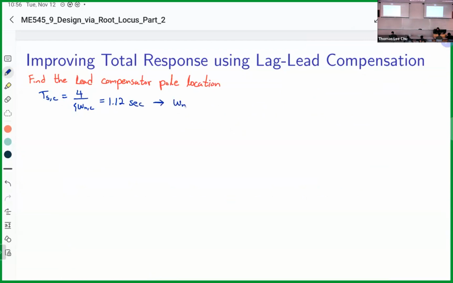From that, we can calculate the compensated natural frequency, which is 7.83 radians per second. Then we can determine the compensated pole location, which is minus zeta omega n c plus or minus omega n c times the square root of 1 minus zeta squared, which is equal to minus 3.57 plus or minus 6.97j.